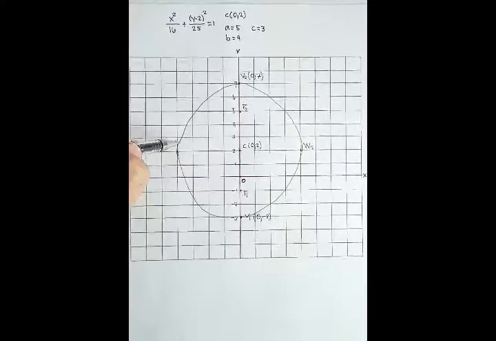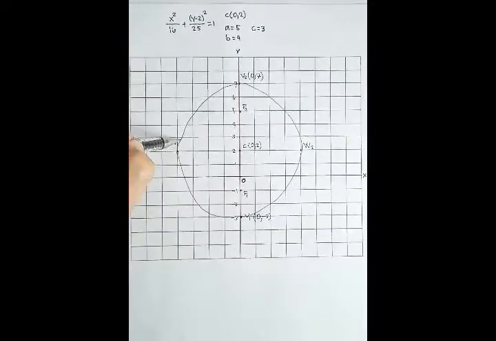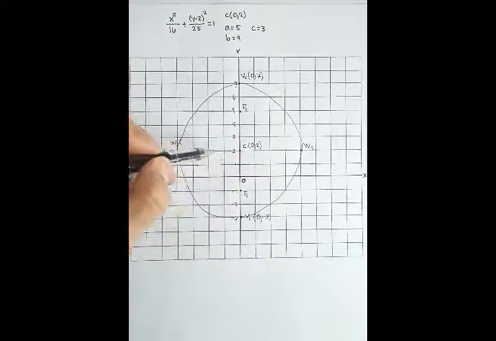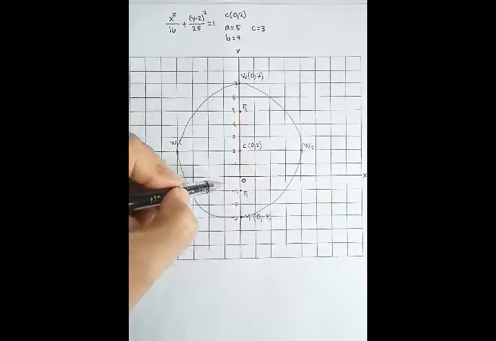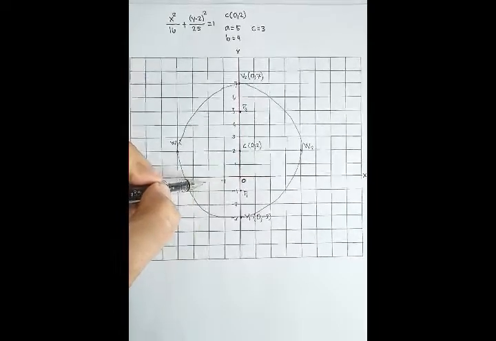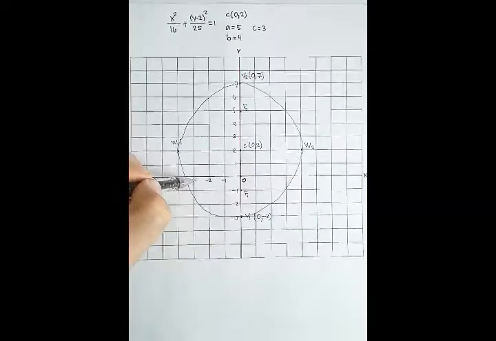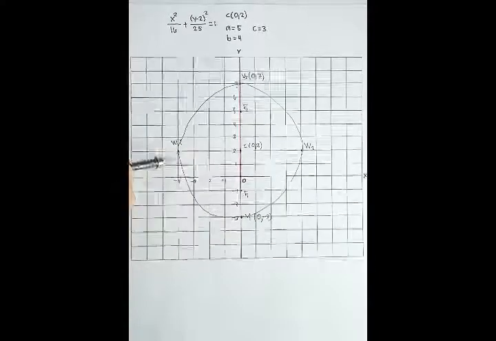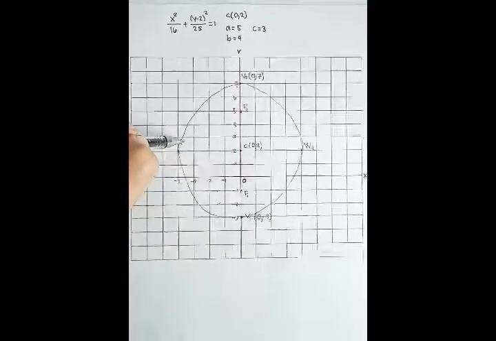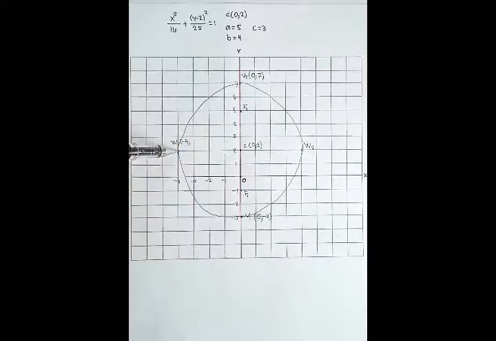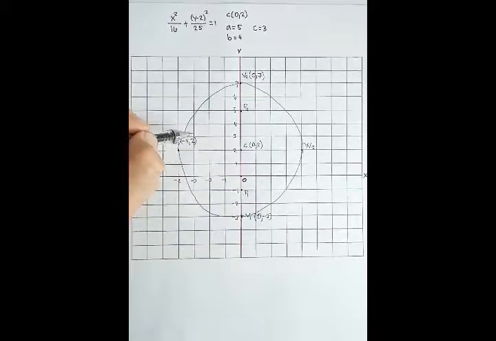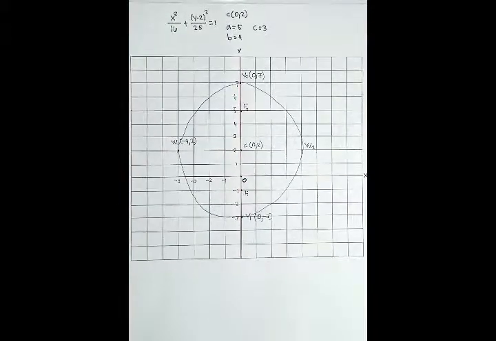Then our co-vertex 1. Along the x-axis, it is -1, -2, -3, -4. So, -4. Then, along the y-axis, it is 2. So, -4 and 2.